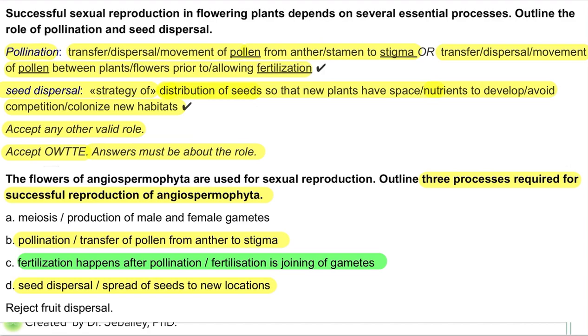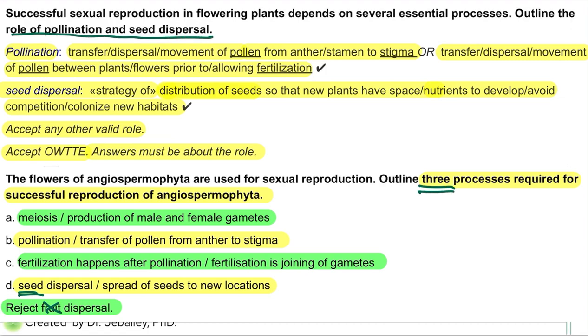And there's also meiosis, which is the production of female and male gametes, right? When you're producing the pollen, the sperm, and the ovules in the ovary, these are meiosis. Now it says reject fruit dispersal because it's not the fruit that you are dispersing, it's the seed. So this question asks you for only 2, and this one asks for 3, but they're still talking about the whole sexual reproduction.